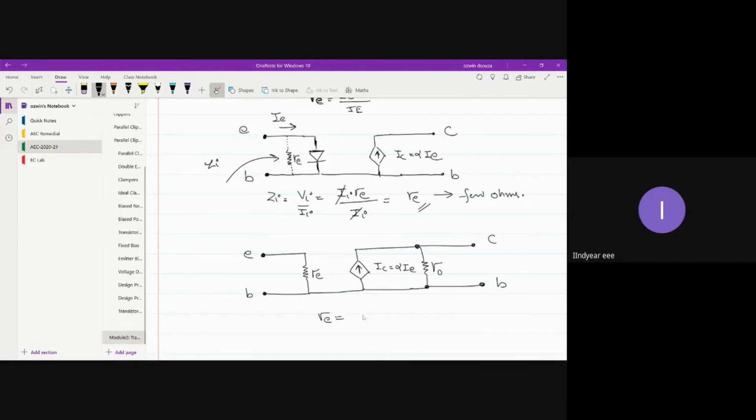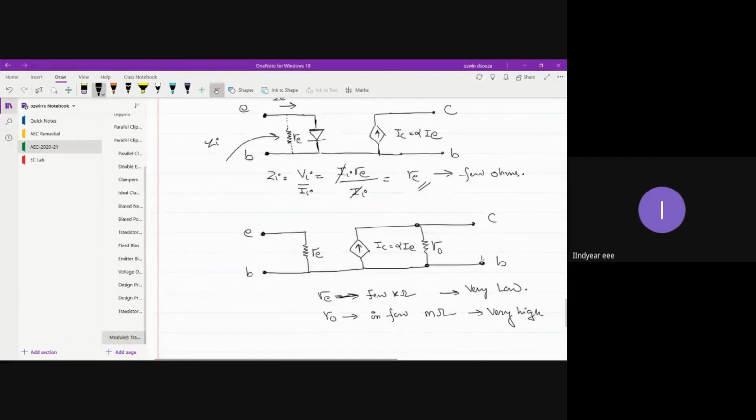This is the collector and base terminal. I have already told you RE range will be in a few ohms and R0 range will be in a few mega ohms. So this is very high and this is very low. This is the characteristic of a common base configuration.